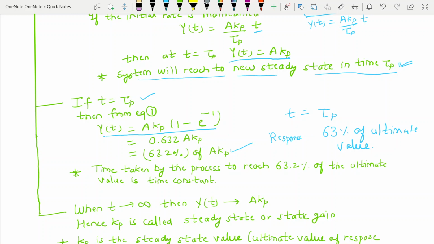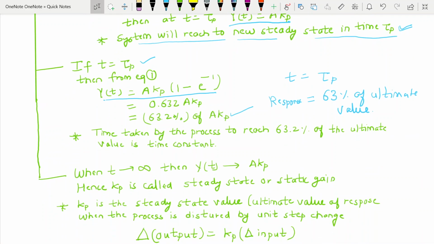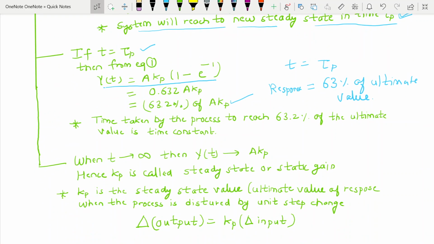ओके, सो इस तरीके से हम लोग टाइम कांस्टेंट को भी डिफाइन कर सकते हैं.